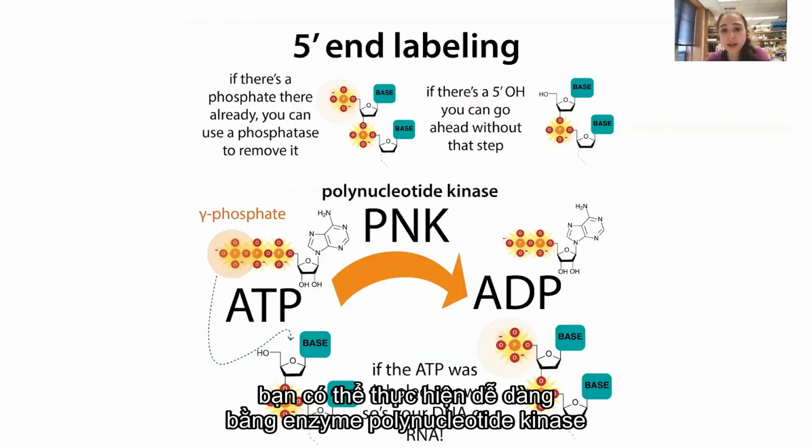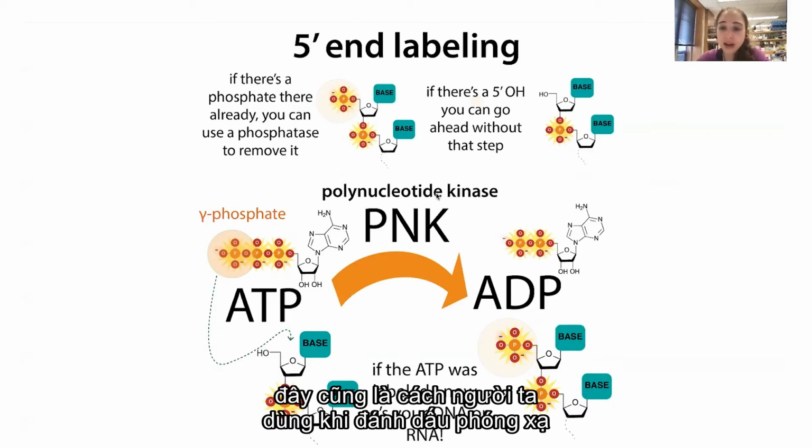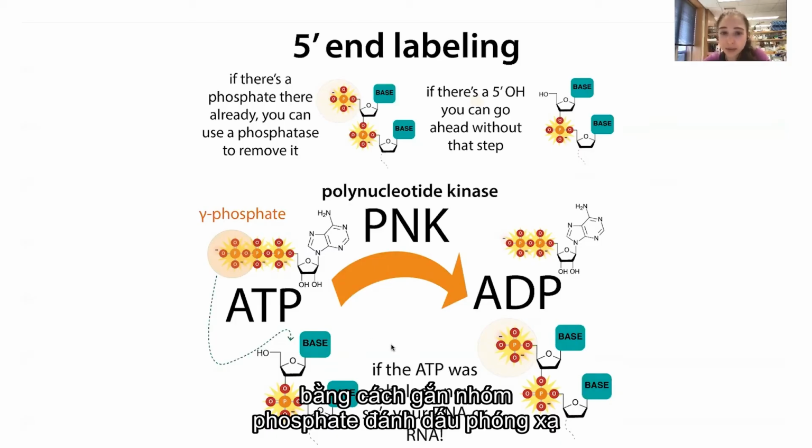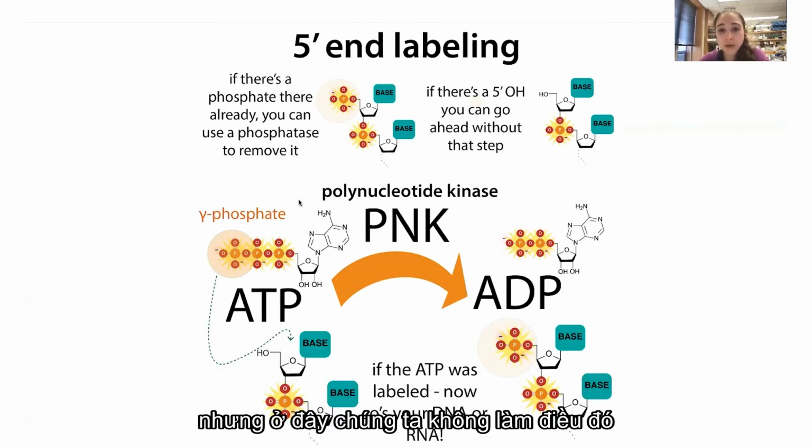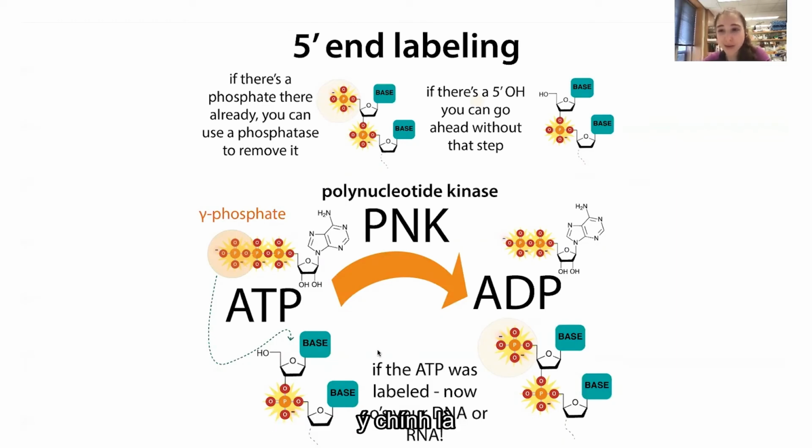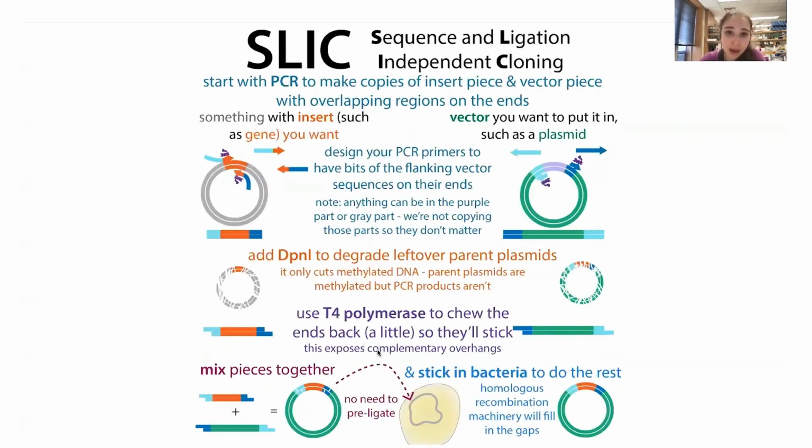If you need to do phosphorylation, we can do this easily with a polynucleotide kinase. This is how we do radio labeling, where we add radio labeled phosphate groups, but that's not what we're doing here.